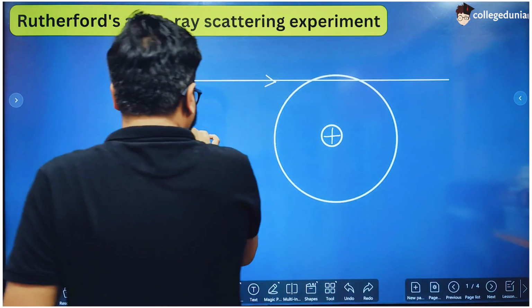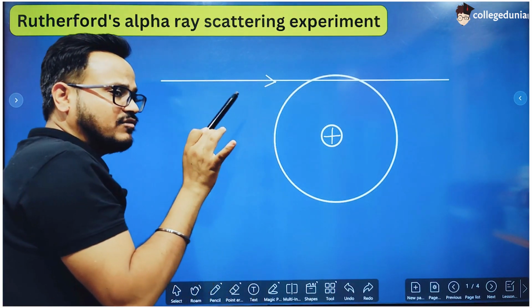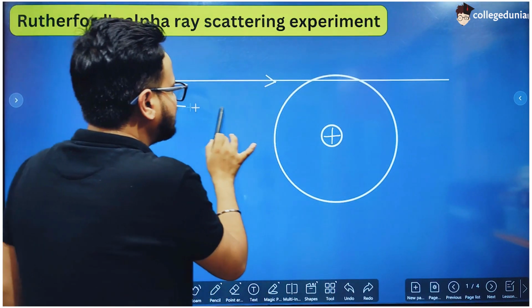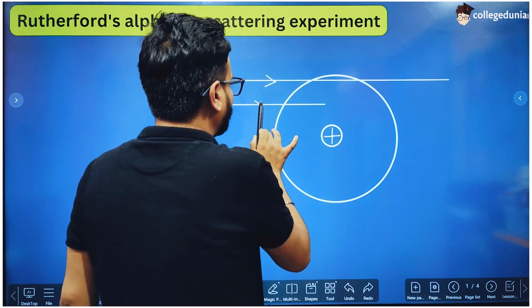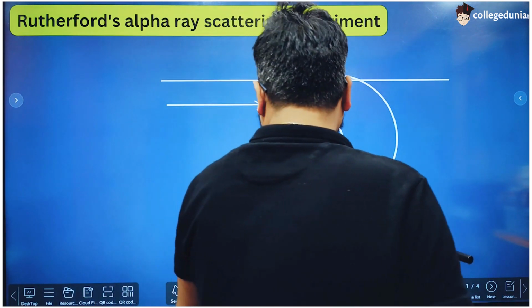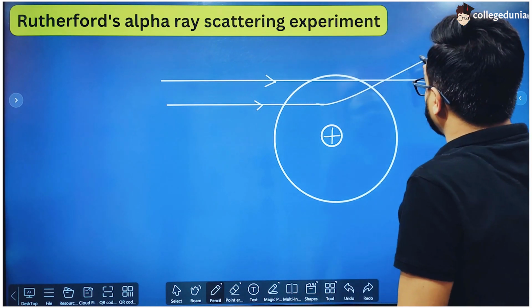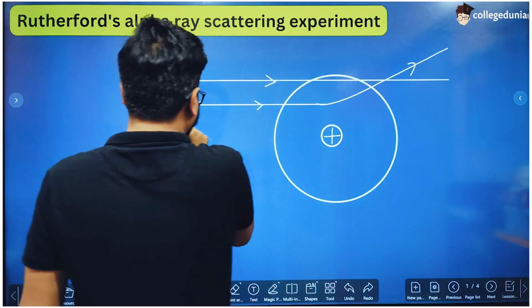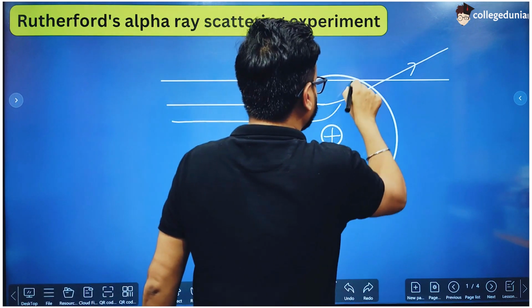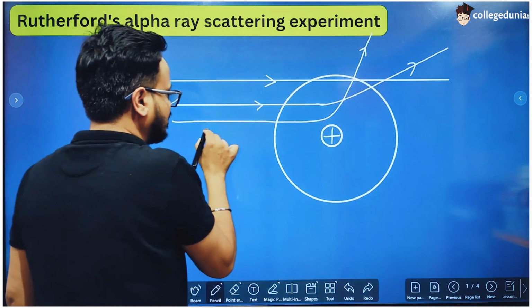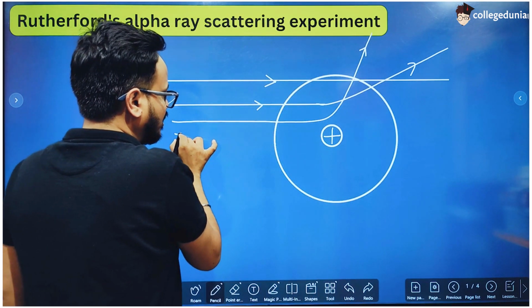Since the nucleus is very small, very few alpha particles passed near it, and they suffered small deflections in their path. Like this particle will go like this, and this particle will suffer more deflection because it is much nearer.